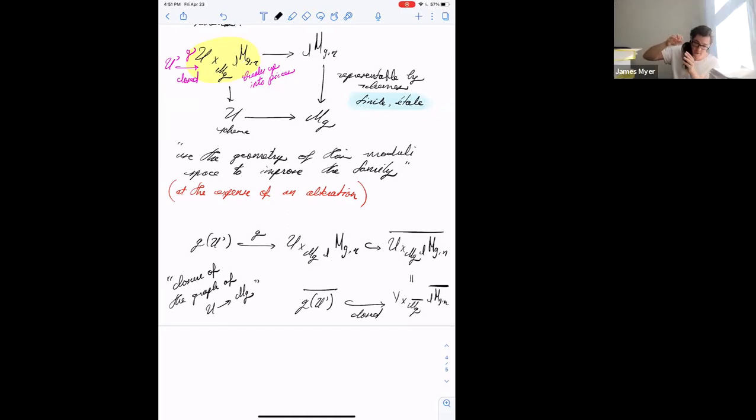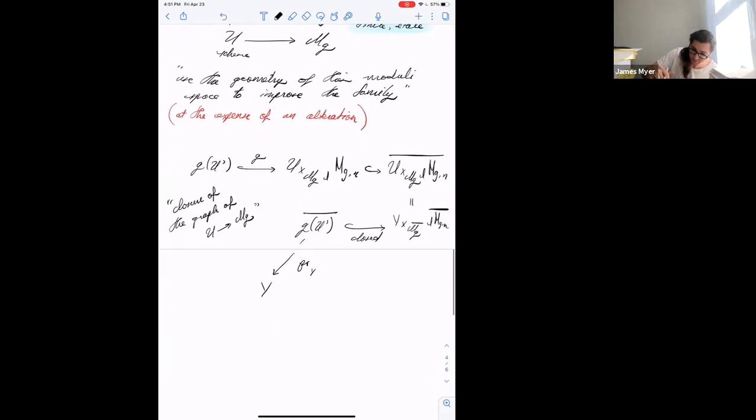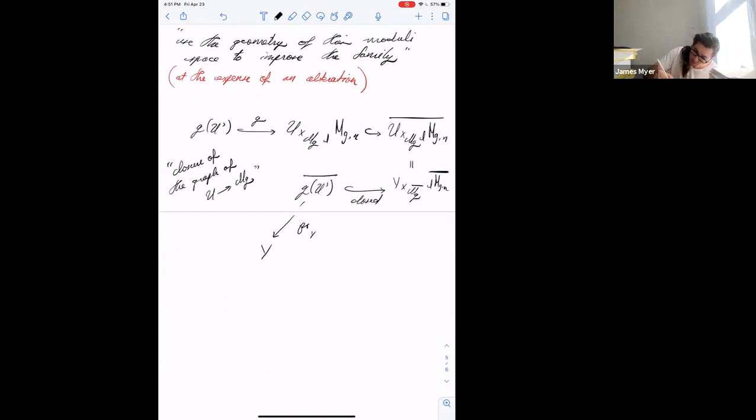Then you get some projection onto the domain factor, which will turn out to be an alteration. That's what we're going to see. I won't fill in all the details, but this thing has a projection onto Y by virtue of living in the product. And that turns out to be the alteration that we want.